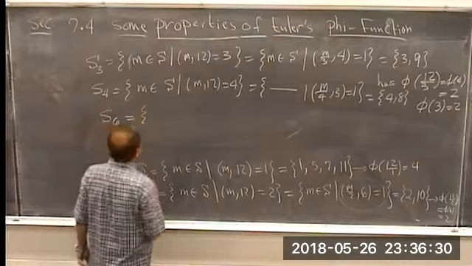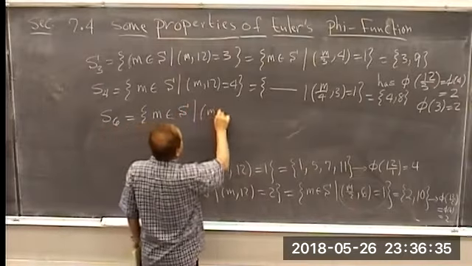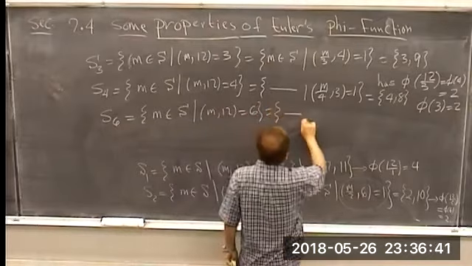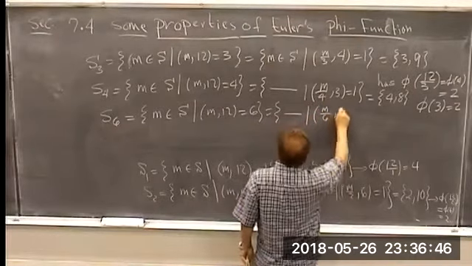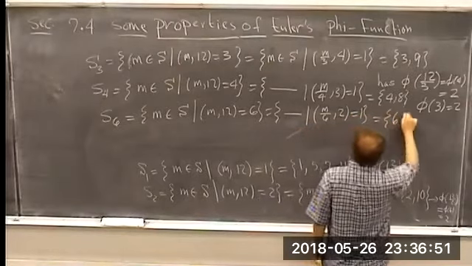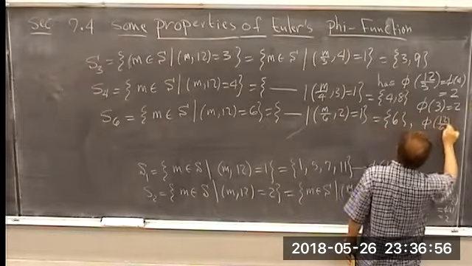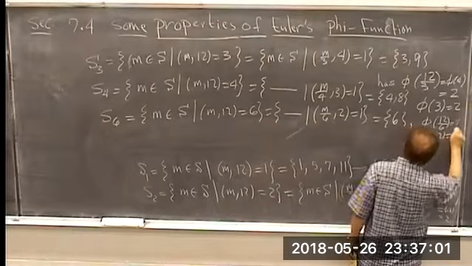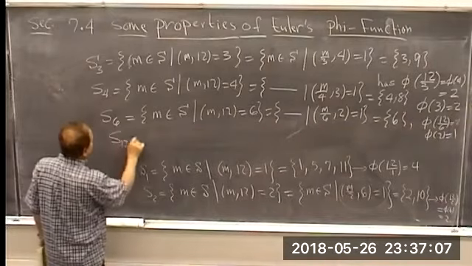This is such that the gcd of m and 12 equals 6, or the same as m over 6 and 2 being relatively prime. This has only one element, which is 6, the same as phi of 12 over 6, which is phi of 2, and this is equal to 1.